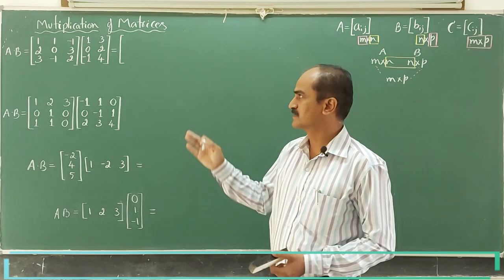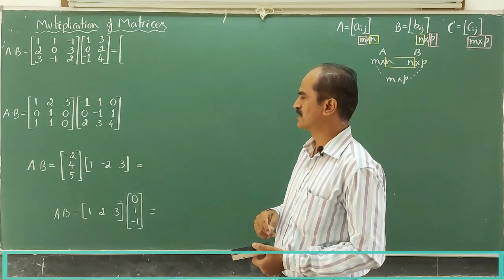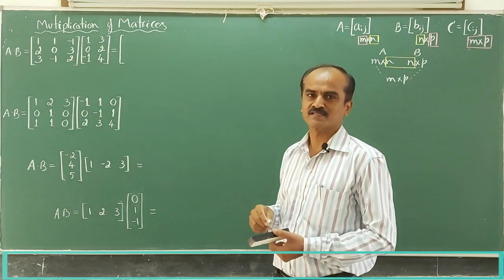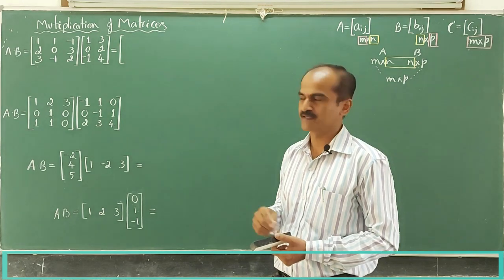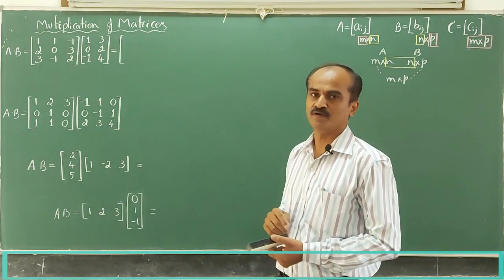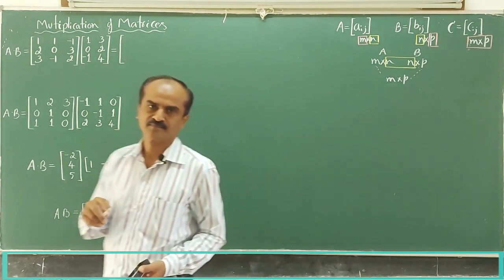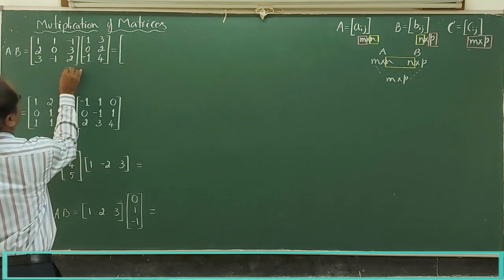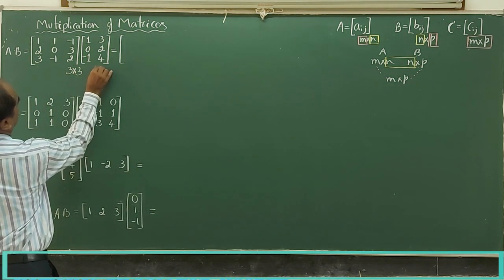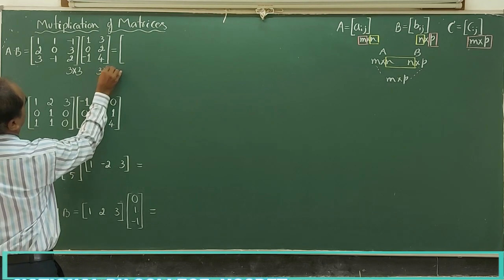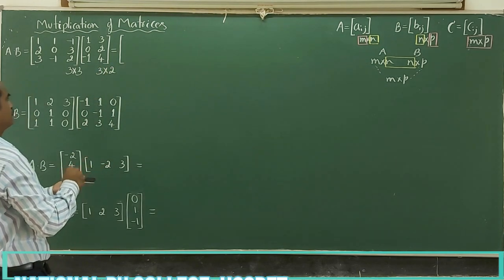Now let me consider A and B matrices. A is a matrix of order 3 by 3. B is a matrix of order 3 by 2.